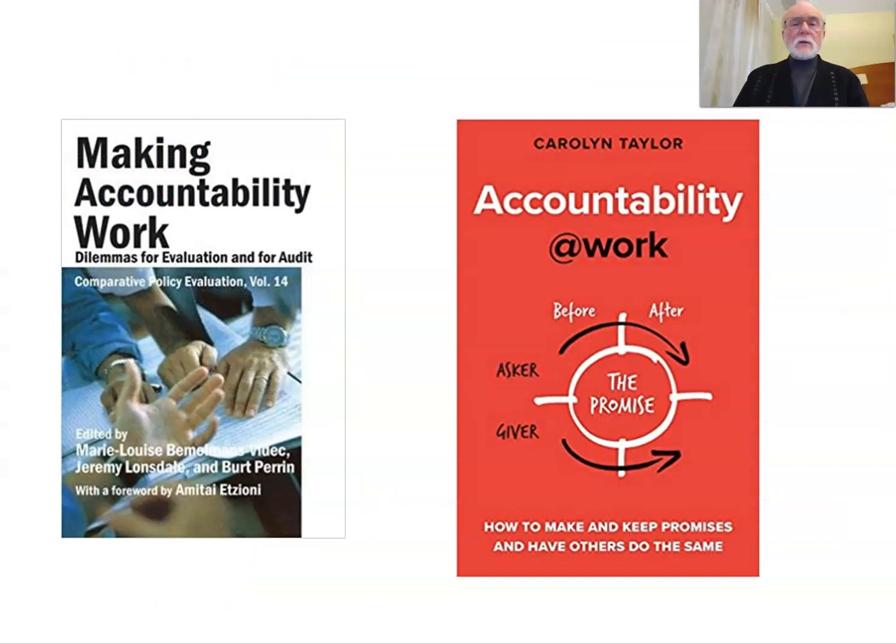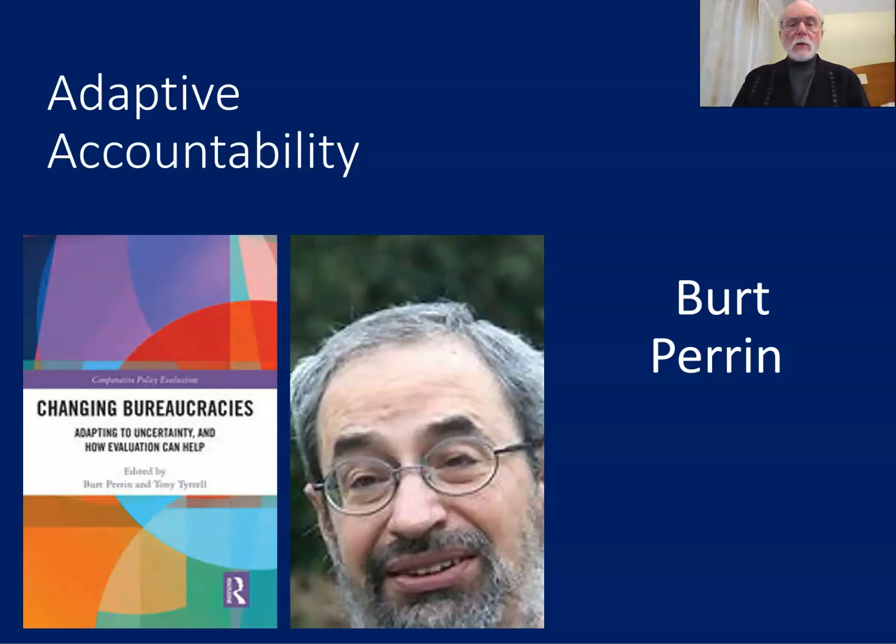A lot of attention has gone to making accountability work and the challenges of doing accountability in ways that are useful and appropriate. Adaptive accountability by Bert Perrin worked to move accountability from a very rigid, static stance to a way of coping with the changing turbulence and more challenging conditions of contemporary society.